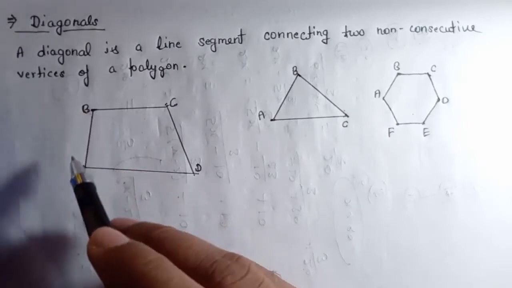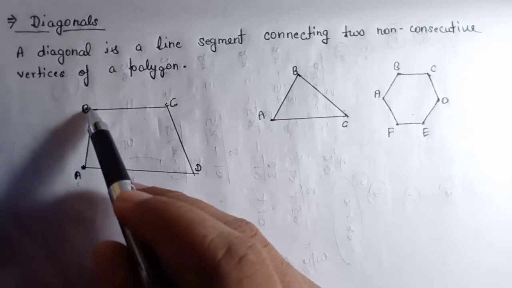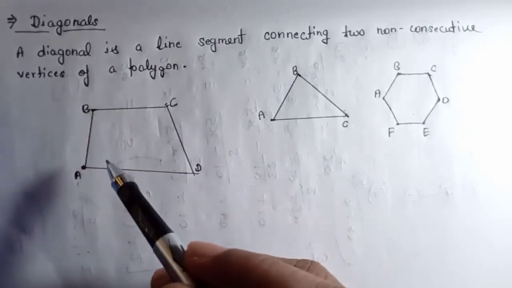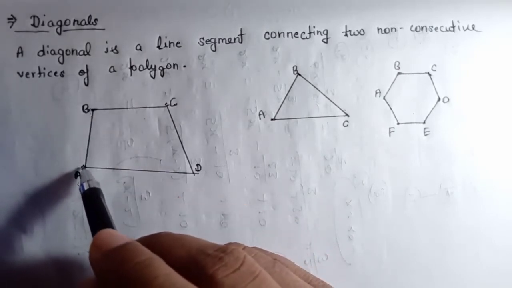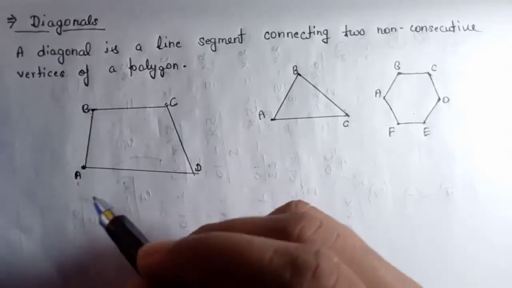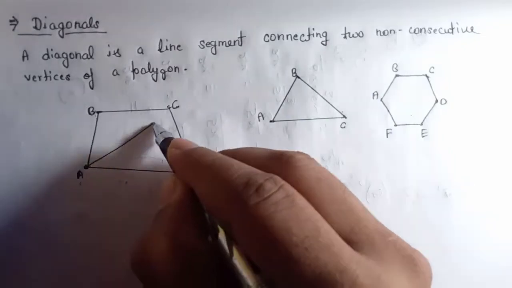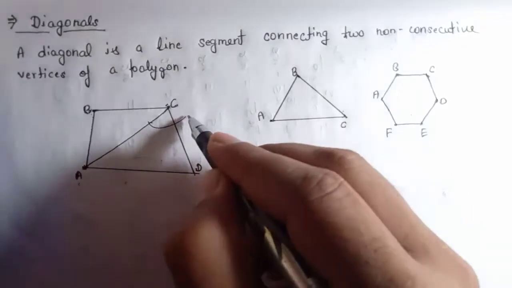For B, A and C are consecutive vertices. So BC and BA are the pair. So we can see here, for this point A, C is not a consecutive vertex. So what to do? Add these two points by means of a line segment, and this line segment is called a diagonal.